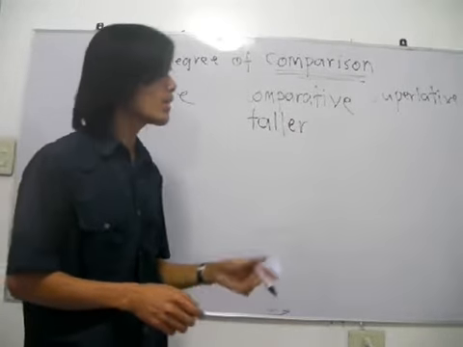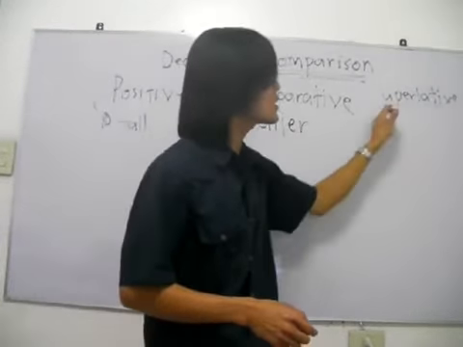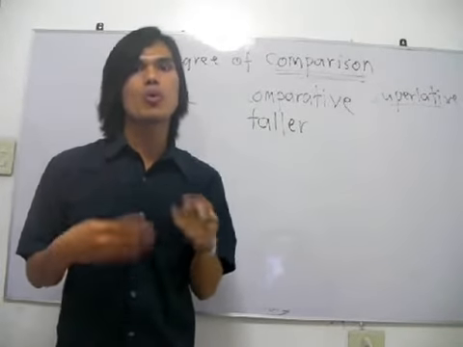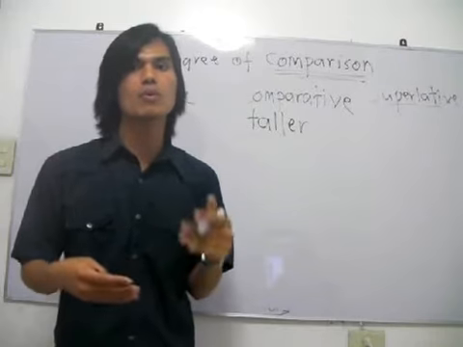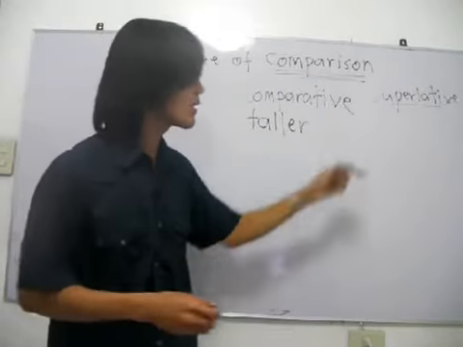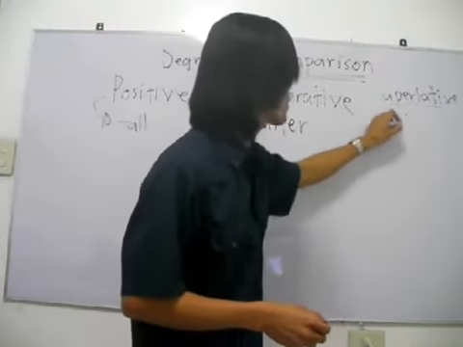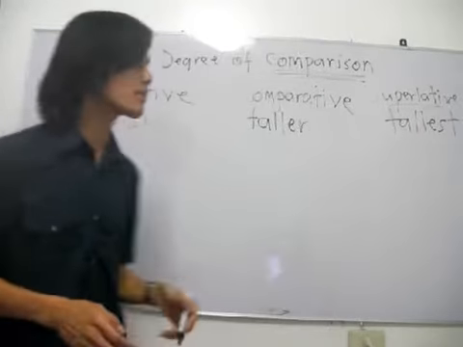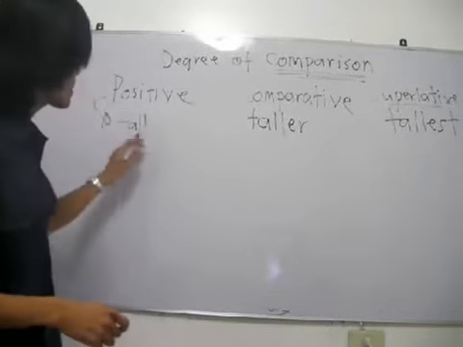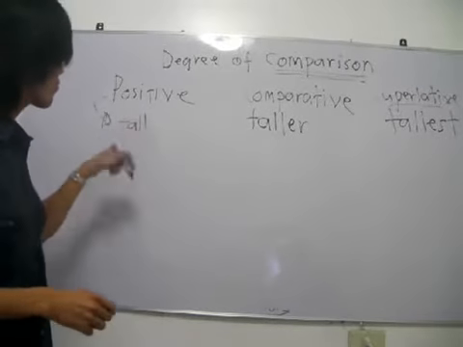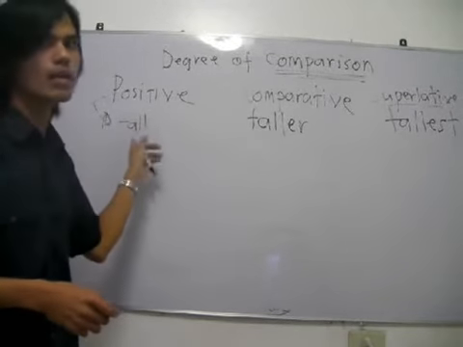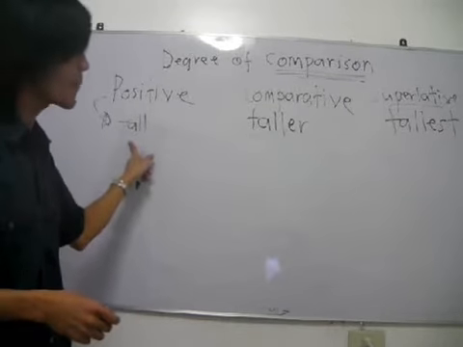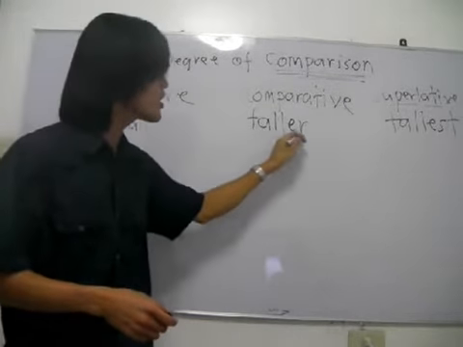And then for superlative, in the superlative degree, you are going to compare two or more people, two or more things. So this taller becomes tallest. Now for positive, we have the so-called tall. Okay, this is the adjective describing word. Now for comparative, we add ER.